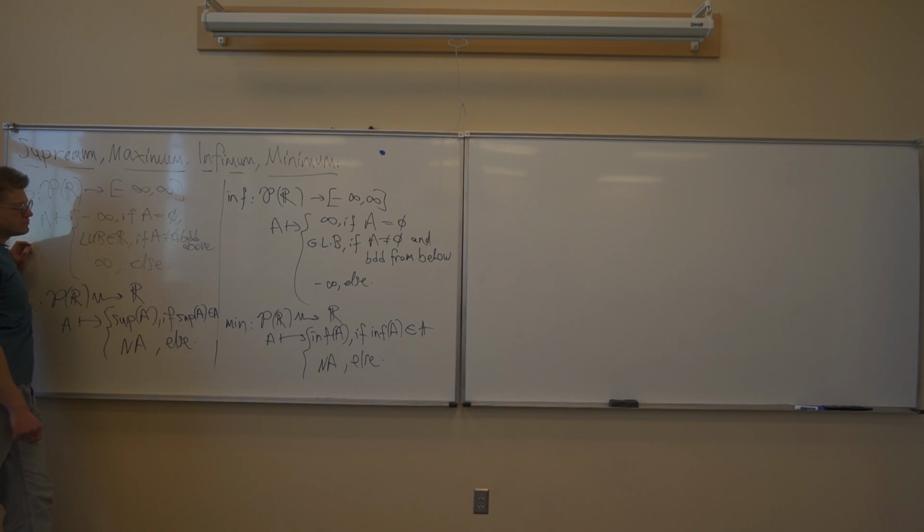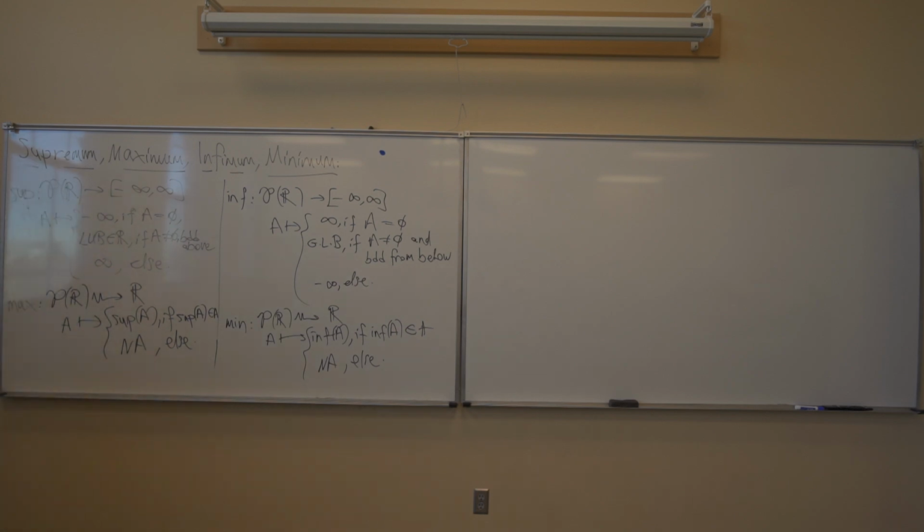If A is not empty and bounded from above, by the completeness axiom, we know that there's a least upper bound as a real number. So the supremum of A is going to be that real number. And the final option is A is non-empty but is not bounded from above. In that case, you have infinity.